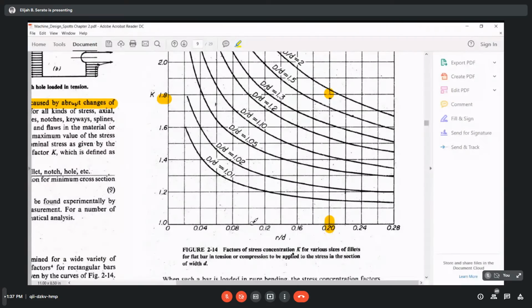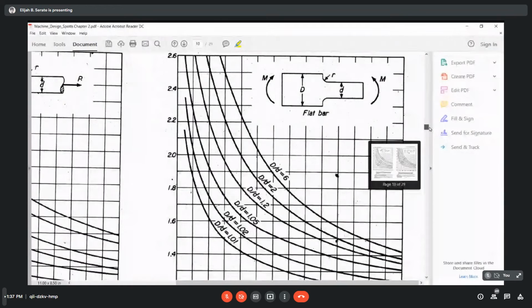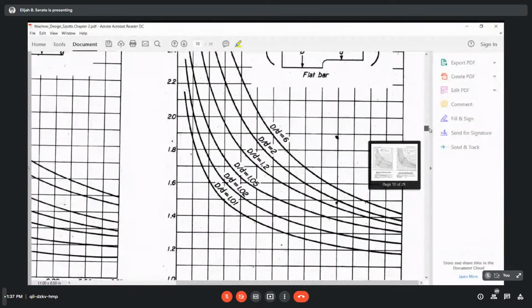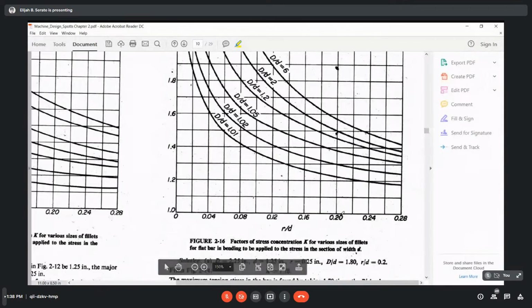Yes, sir. Okay, so we will go to flat bar with bending moment. So it is figure 2-16. Again, 0.2 is our r over d. Then capital D over small letter d is 1.8, so it is here.